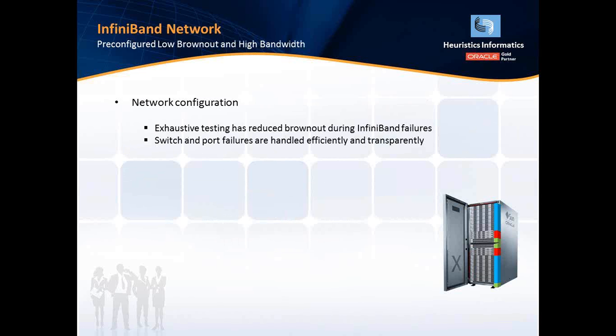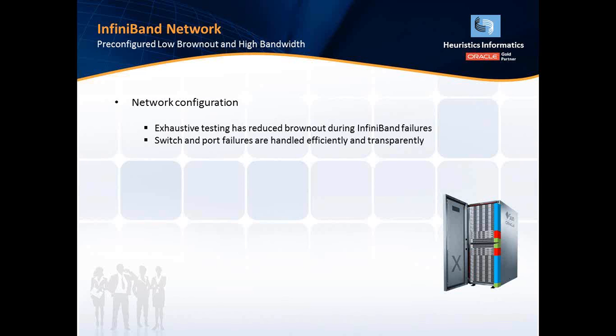The InfiniBand network, as I've said, is a pretty big piece of the whole Exadata engineered system architecture, the engineering itself. It is a 40 gigabit network that is running on redundant interfaces, redundant HCAs on each component of the Exadata database machine.